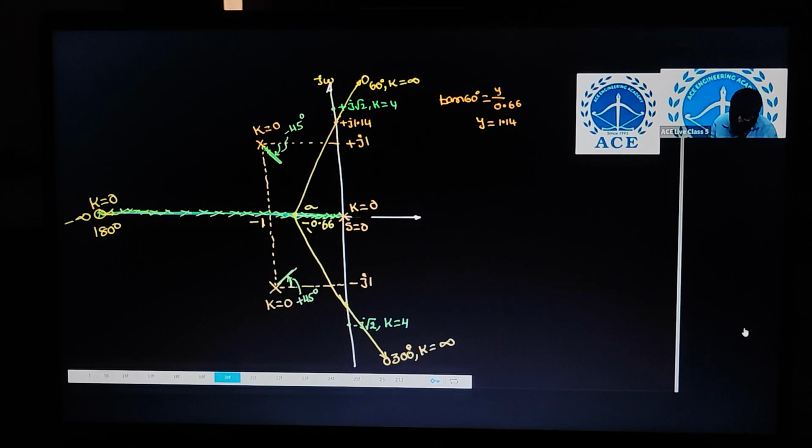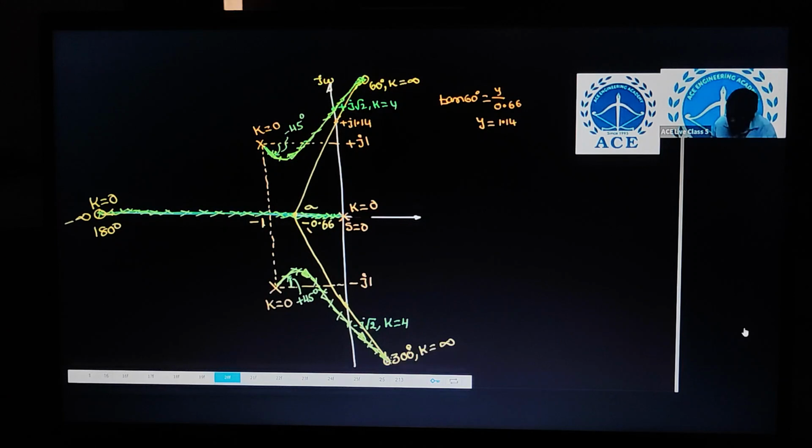Next is this pole. It leaves at plus minus 45 degrees, passes through plus j root 2 and occupies the zero. This one is also the same: it departs at minus 45 degrees, passes through minus j root 2 and occupies the zero.